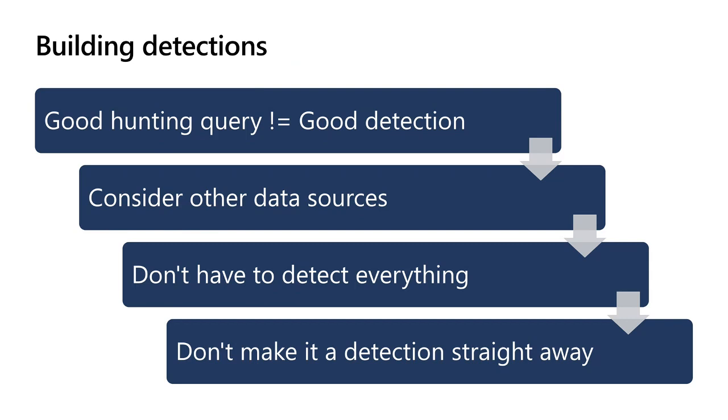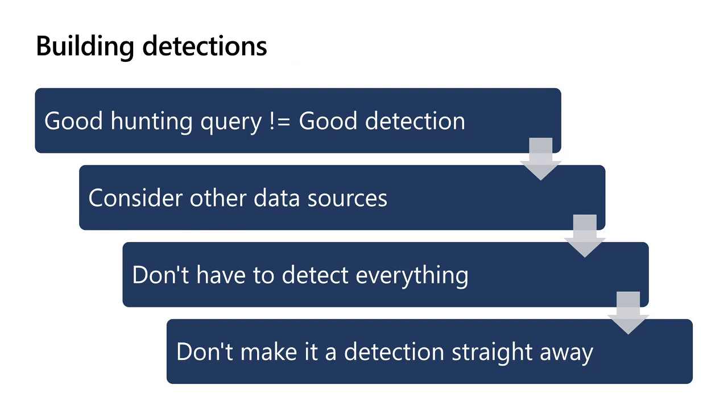The challenge people often face with this is they will take their hunting query that found this interesting item and just turn it into an alert rule. But more often than not, a good hunting query is not a good detection. Instead, I would recommend going back to basics and looking at the problem from scratch and saying, are there other data sources we can use?